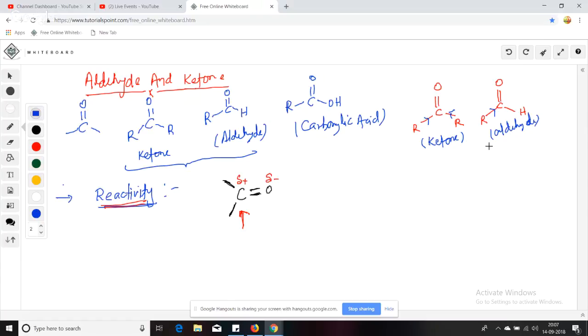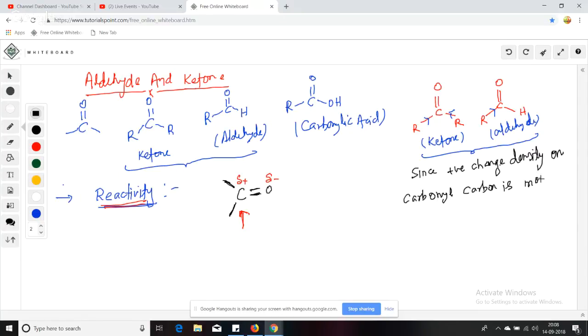If I ask in which of these compounds, aldehyde or ketone, the positive charge density on the carbon atom is more, obviously the answer is aldehyde, because in aldehyde only one alkyl group is present, but in ketone two alkyl groups are present. So the positive charge density on the carbonyl carbon is more in case of aldehyde, because it has only one alkyl group.